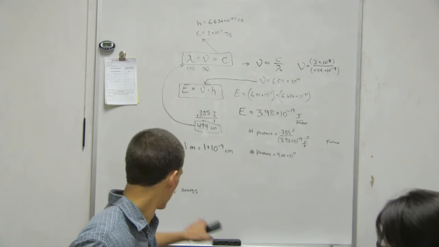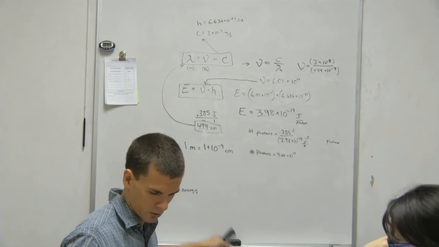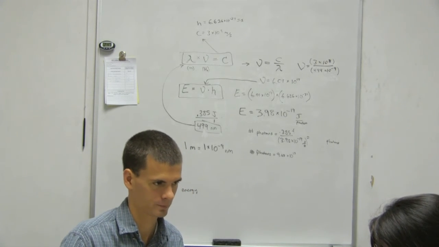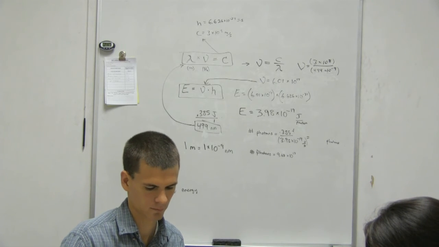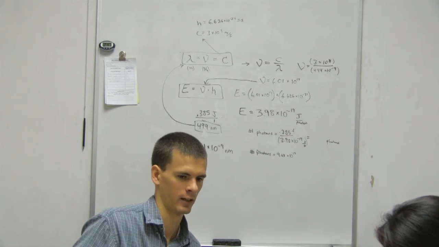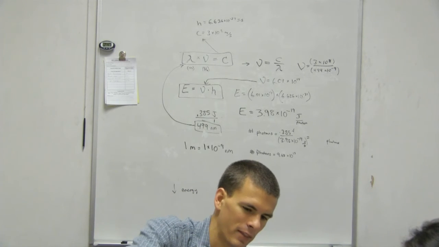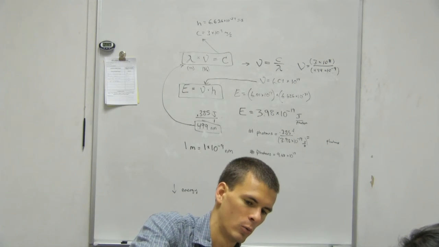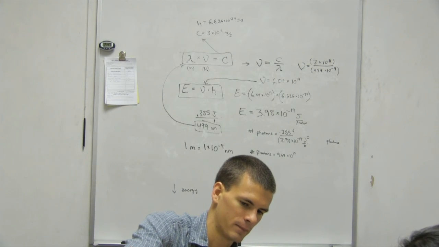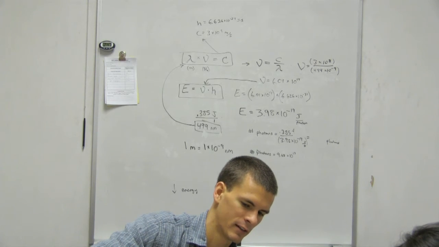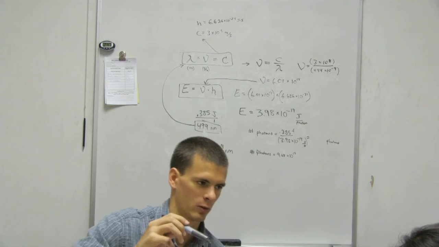So if you want the lowest energy, you're going to want the largest wavelength. Largest wavelength will be this one? Yeah, so we'll look at it on here. But the thing is that they're not showing wavelength, they're showing wave number, which is 1 over wavelength. So really, a small wave number is equal to a larger wavelength.